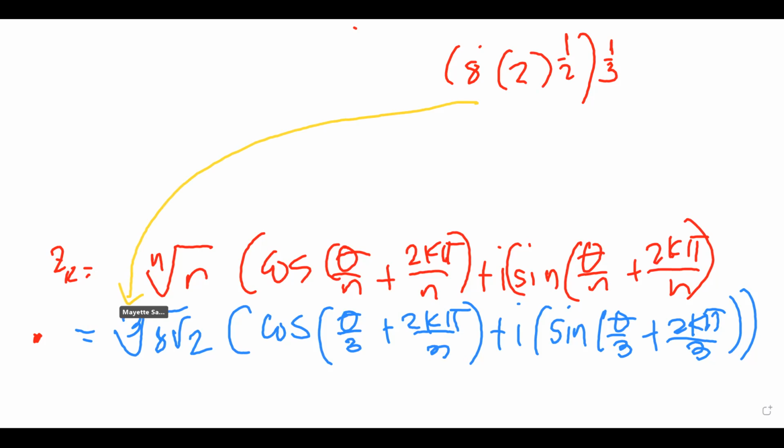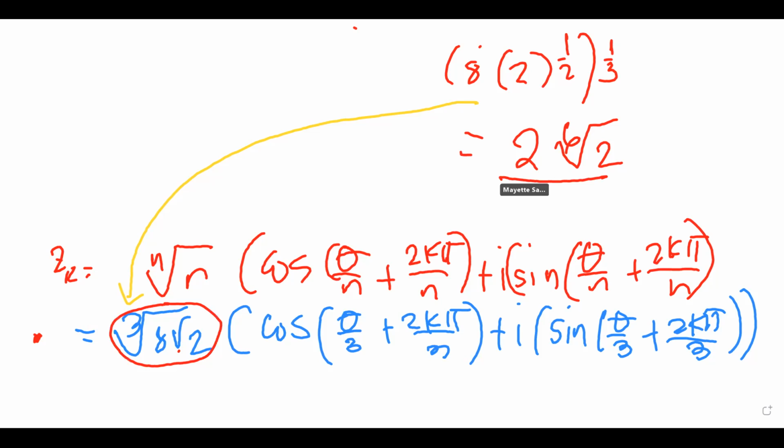It will be easier to manipulate the values. This will give us a result of 2, because the third root of 8 is 2, and then 1 over 6. So this will be the sixth root of 2. Okay, so we can write this one now into this one.